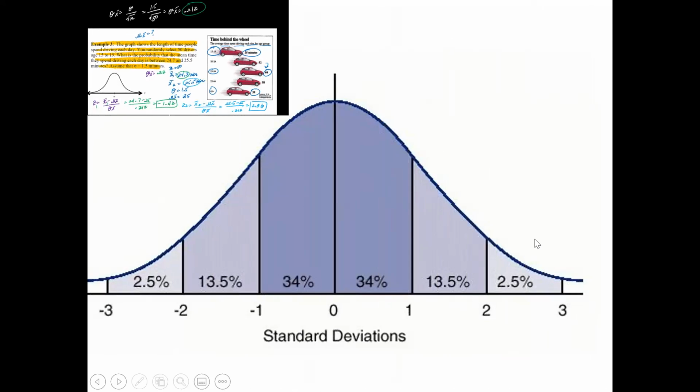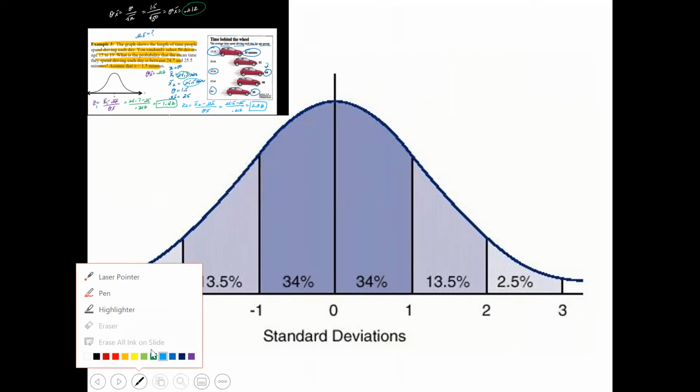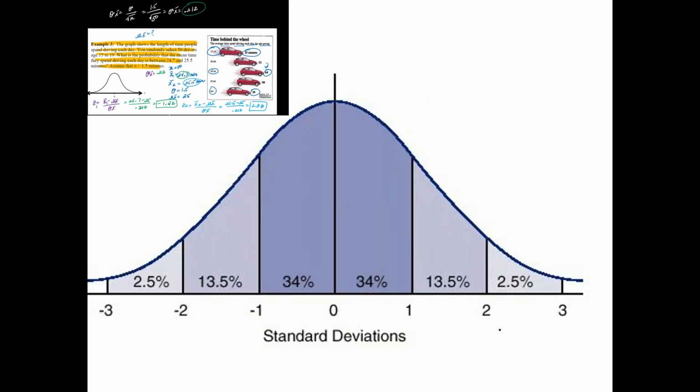All right, looking at this part right here, let's label everything. We want to figure out what percentage is going to be between 24.7 minutes and 25.5 minutes. My mean here starts at 25. Remember, my standard deviation here is 5. So at plus 1 standard deviation, it's 25 plus 5, which is 30 minutes.